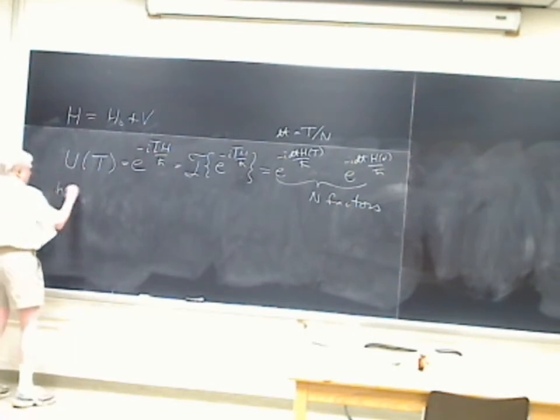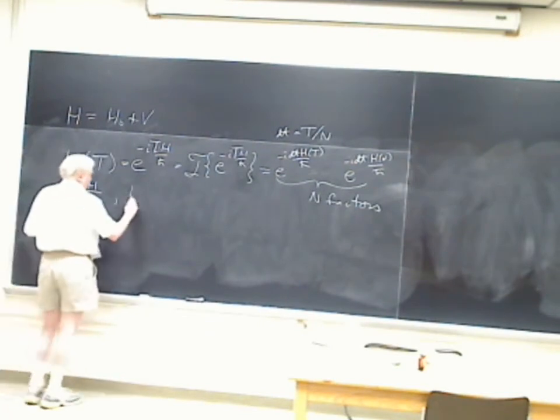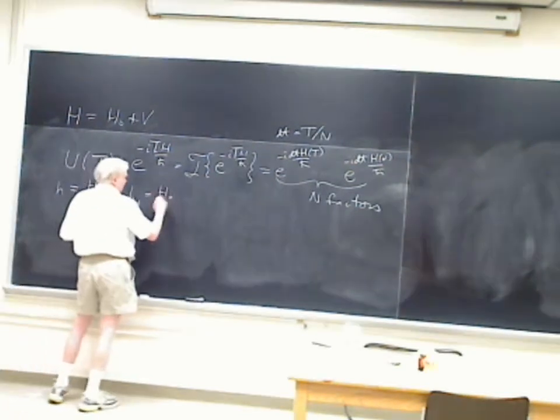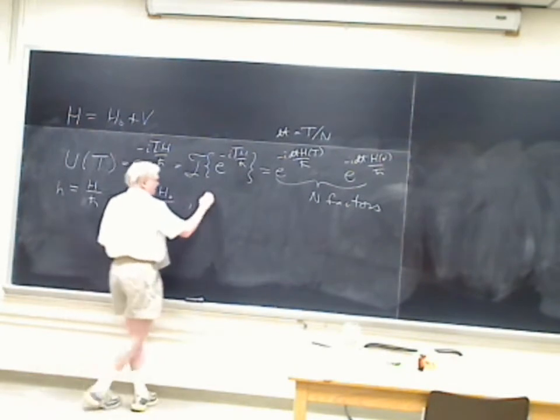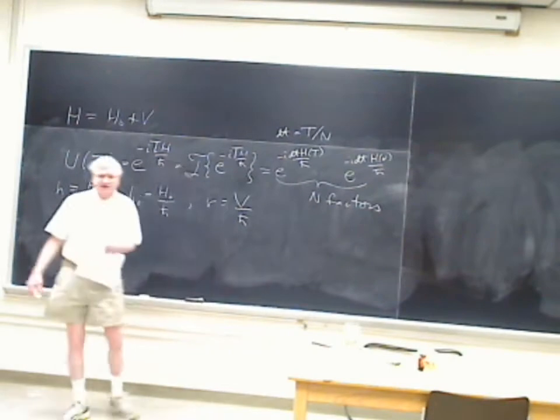I'm going to use an abbreviation. H is going to be the Hamiltonian over h bar. H0 is the free Hamiltonian over h bar. And V is the potential over h bar. This is just to get all the h bars out of the way.